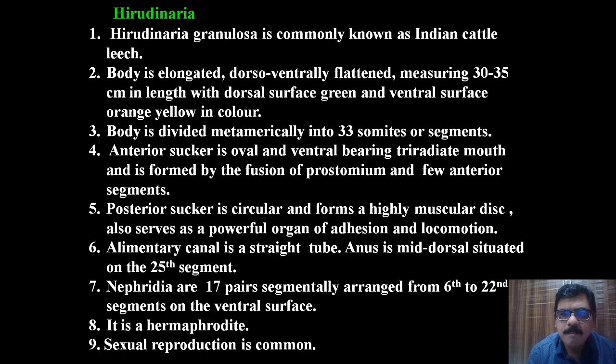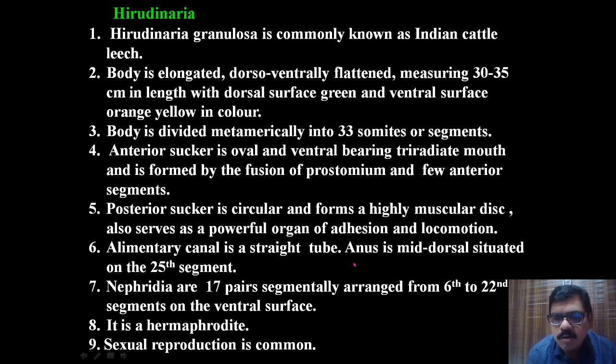It is formed by fusion of the prostomium and a few other anterior segments. The posterior sucker is circular and forms a highly muscular disc, and it also serves as a powerful organ of adhesion and locomotion. The alimentary canal is a straight tube.